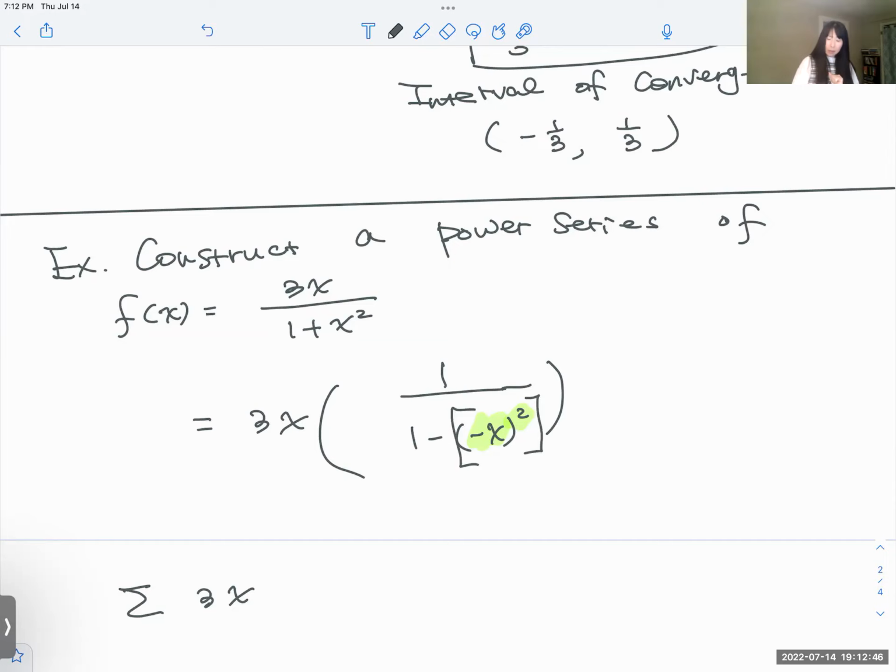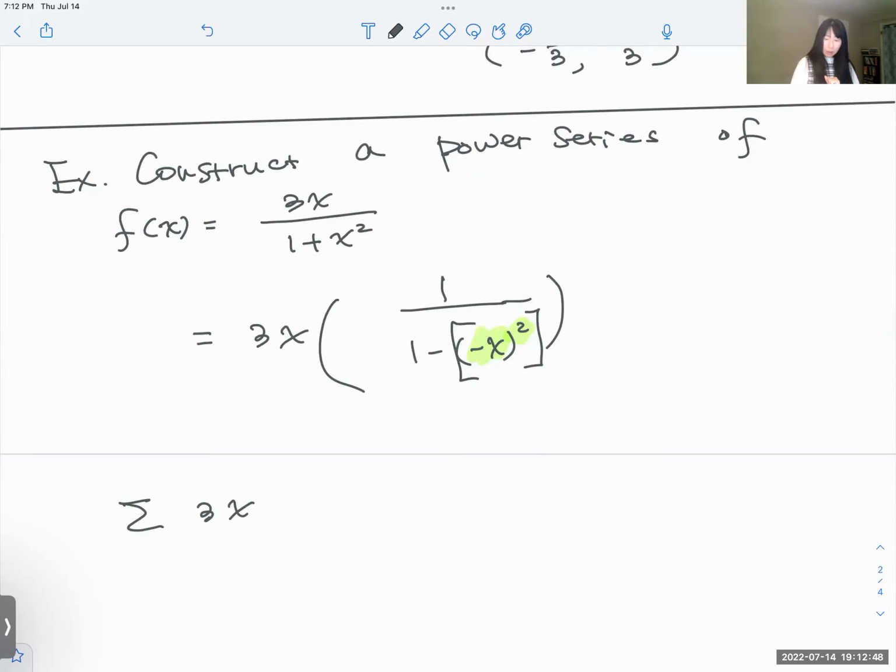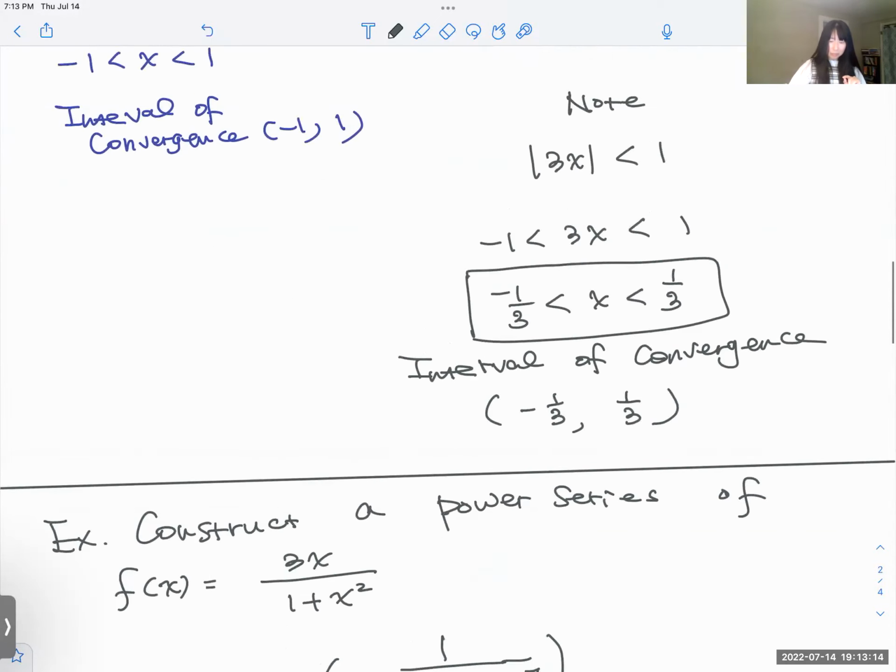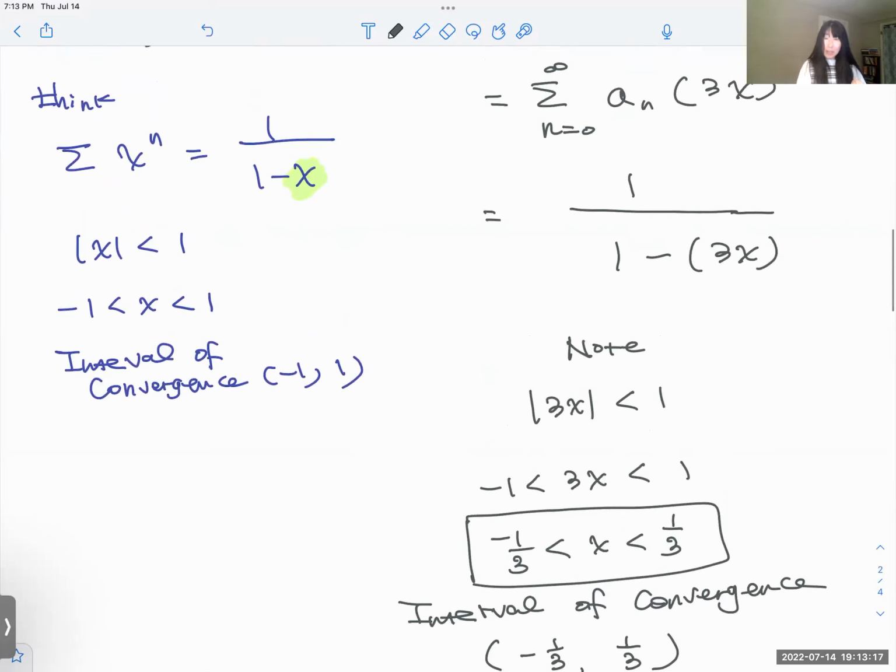Now we're gonna say that this whole thing is to the n power. So this will be negative x to the second power to the n power. Okay. Then look. Hold on one second, because of the negative sign, we get negative x there.